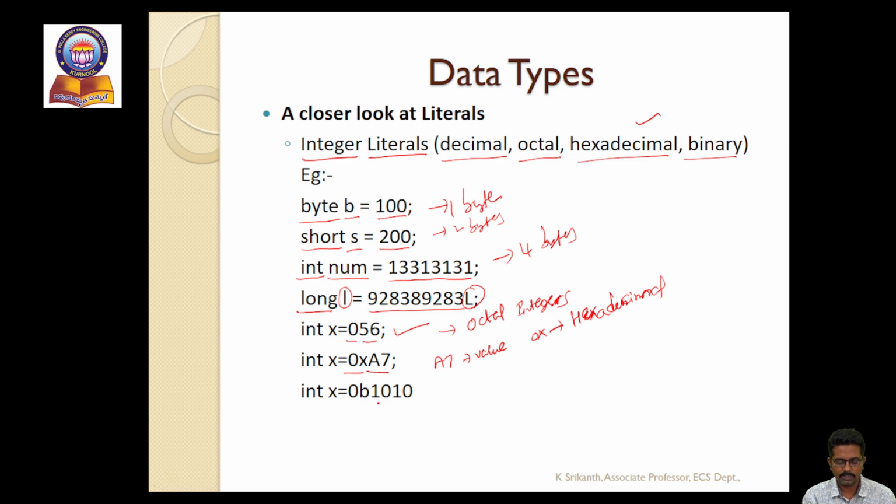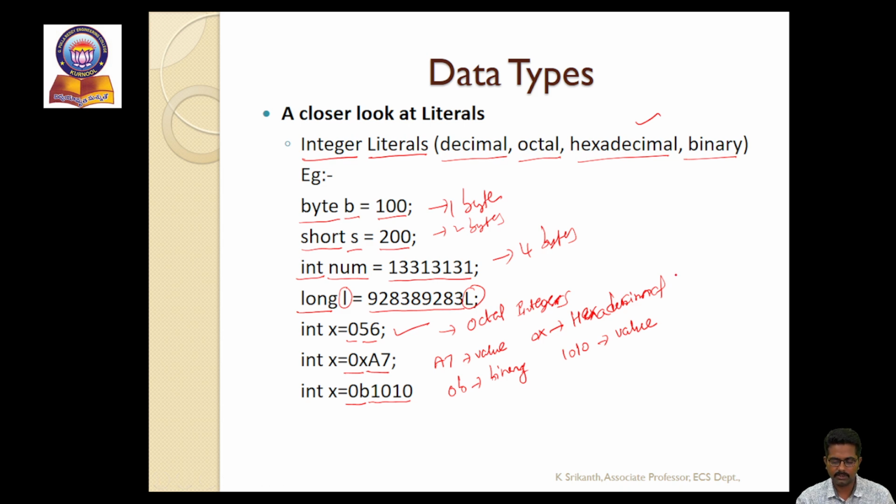We have one more example, that is 1010, which is a binary number, and it can be represented starting with 0b. Whenever you start with 0b, it is a binary value, right? In this example, the value is 1010. We all know that the binary number system supports only 2 digits, that is 0 and 1.